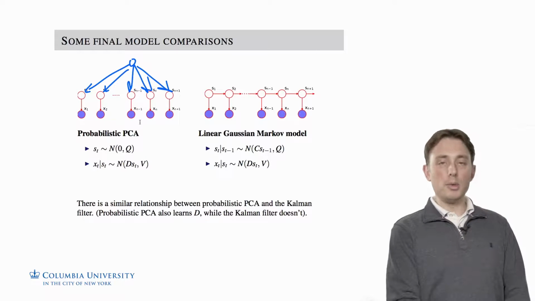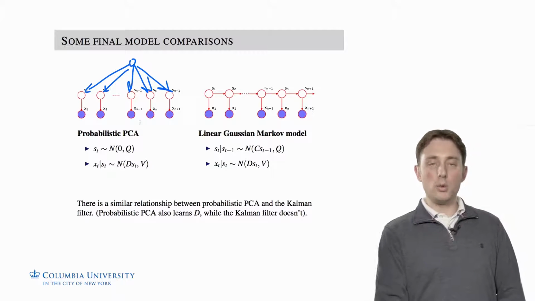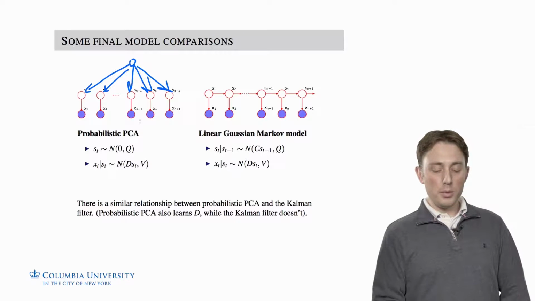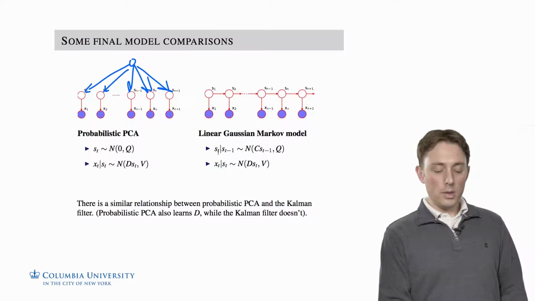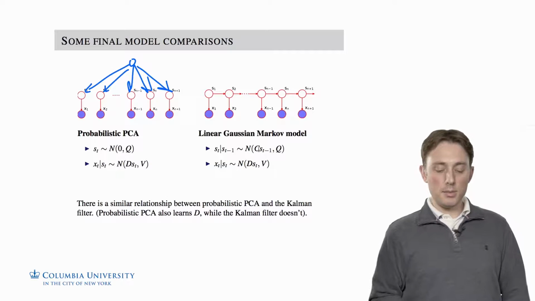If we now take probabilistic PCA and we build a sequential model on top of it, we see that we have the linear Gaussian Markov model discussed today, where the state at time t, given the state at time t-1, is a multivariate Gaussian, where we have the same covariance, but now the mean is equal to C times the state at time t-1.